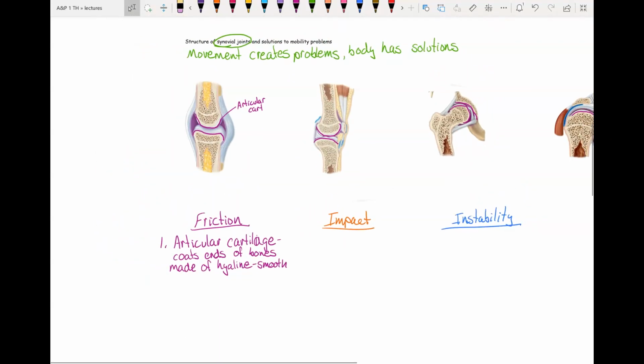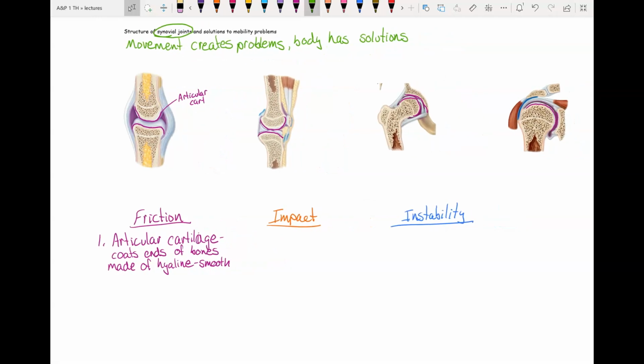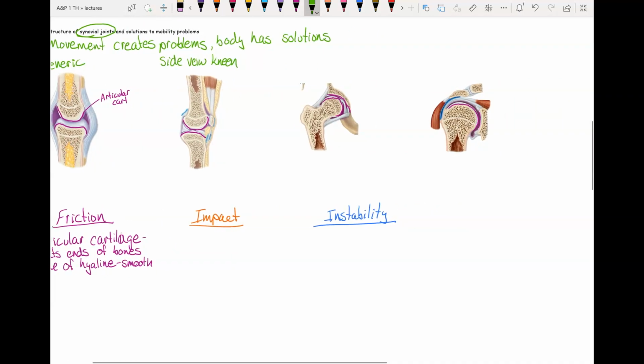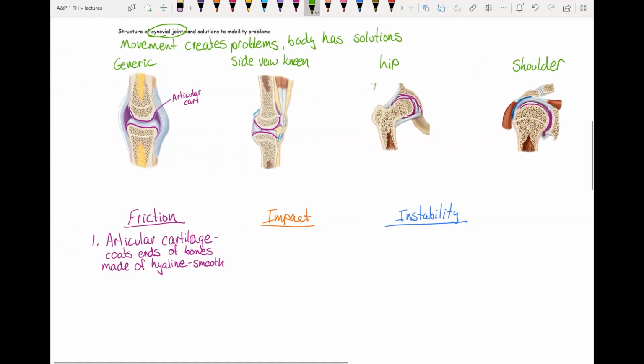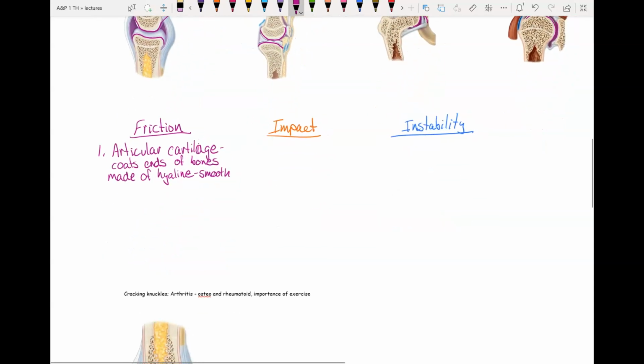And just to label these joints for you, this is just a generic joint. It's not any particular joint in the body. This is a side view of a knee. This is the hip, and this is the shoulder. All right, so then back to friction. So you have this smooth cartilage coating the ends of the bones to reduce friction.